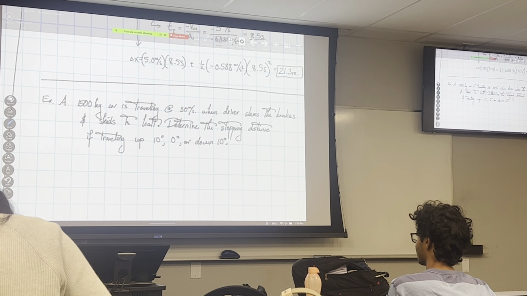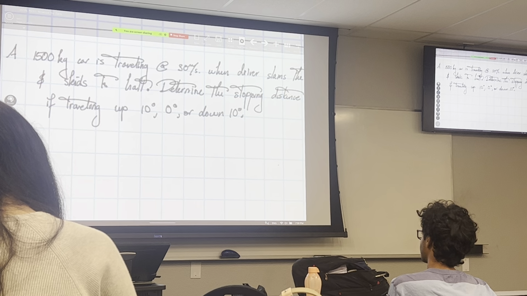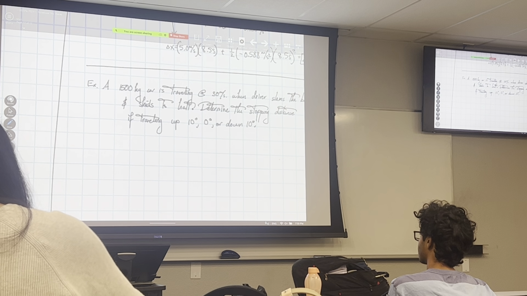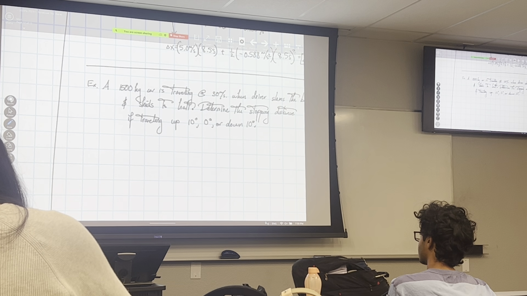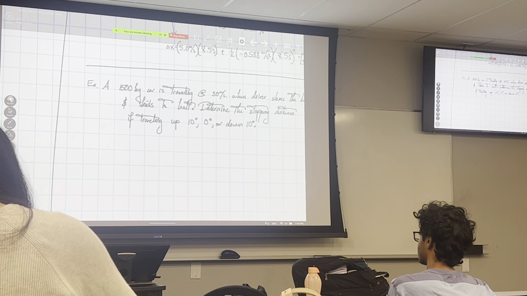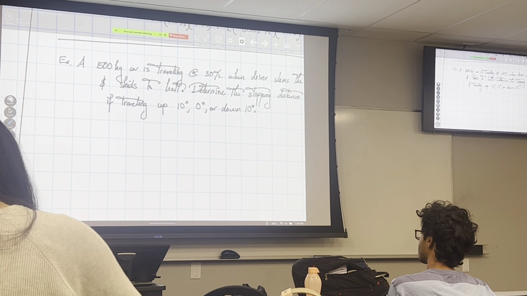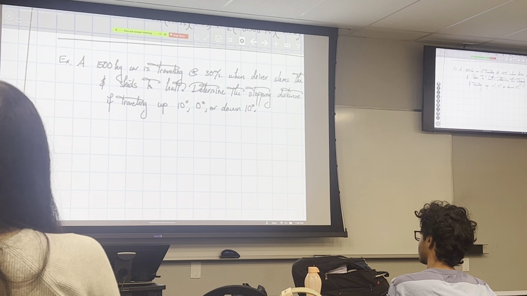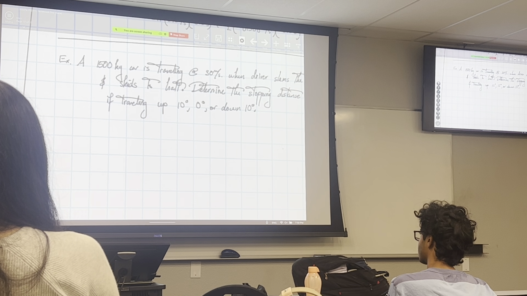And the reason why I wanted to do this example with you guys is to emphasize how important solving things algebraically is, and then plugging in at the very end. As long as you do it algebraically, you just do it once. And in the final expression, you're going to have thetas in your equation. Then you plug in theta equal to 10, 0, and -10, and you immediately have all of your answers. A lot of you guys don't like doing the algebra, so you plug in early.